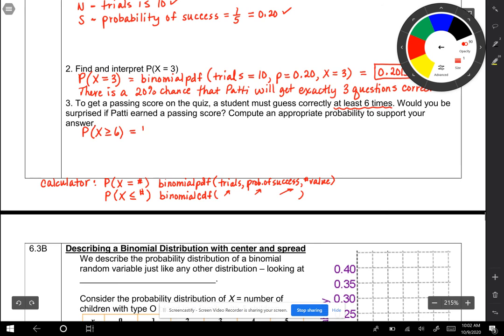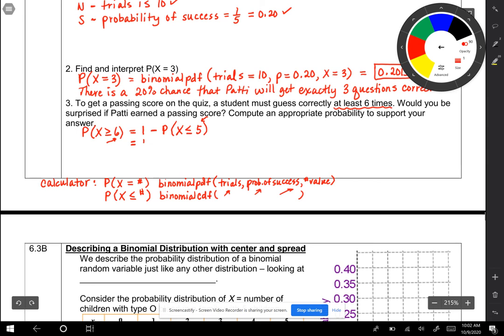So we have 1 minus the probability X is less than or equal to 5. If you're including that number 6 here, you cannot include it here. So it's just going to be one less.